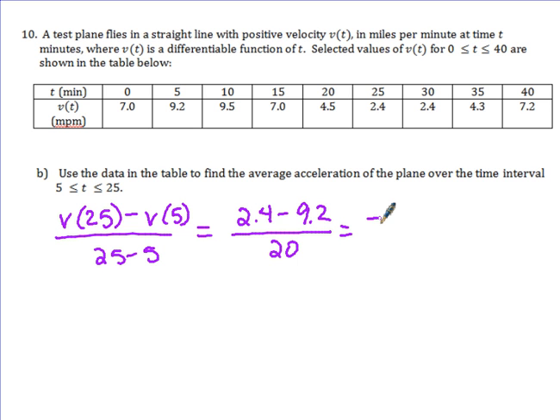And so this gives us a value of negative 6.8 over 20, which probably reduces, but I'm not using a calculator, so I'm going to stop there and put units on here, which again are going to be miles per minute squared.